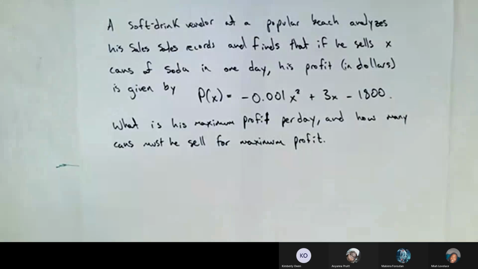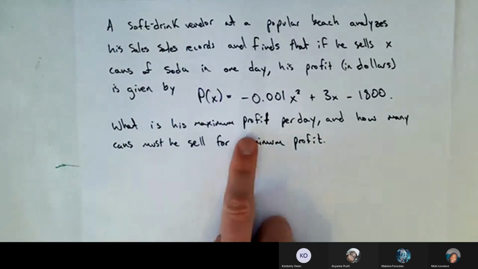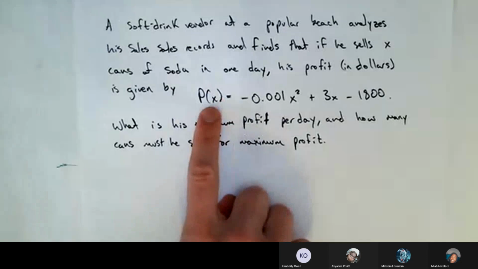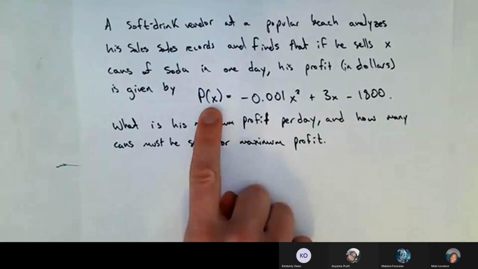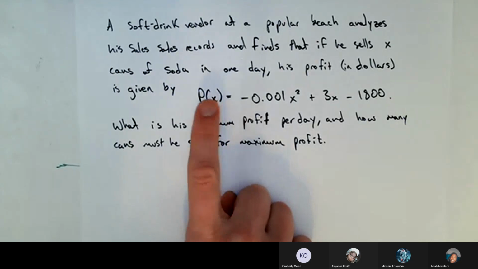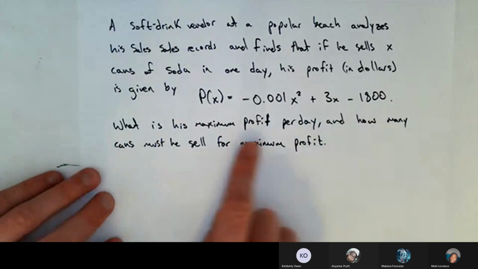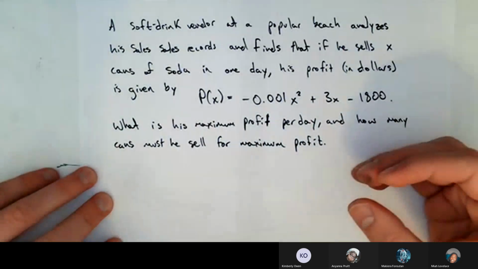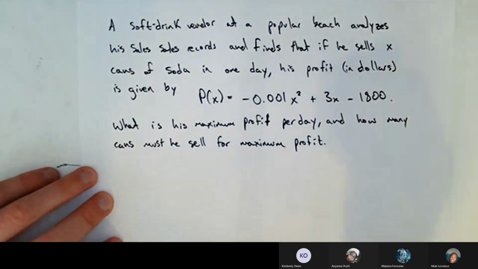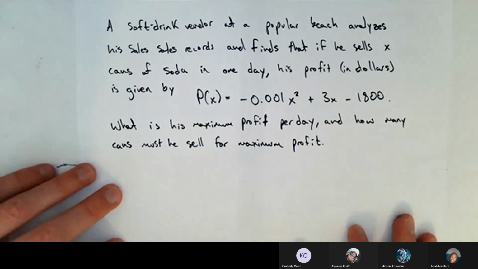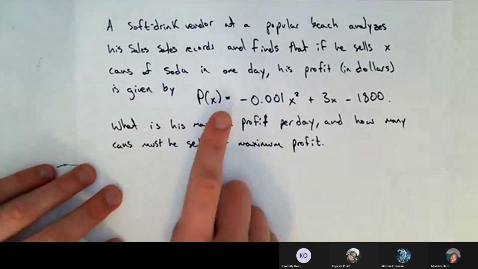So his maximum profit is going to be whatever the output is, the y value of the vertex. In terms of the picture, the maximum profit would be the y value of the vertex, and the number of cans to reach that maximum profit is the x value. Okay, so x is the number of cans here.